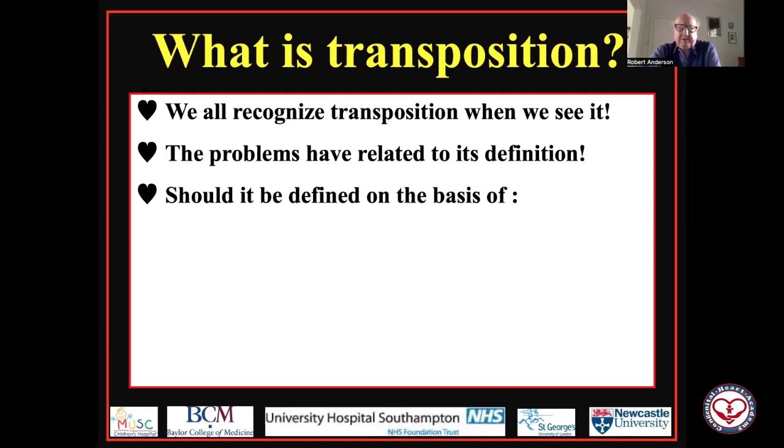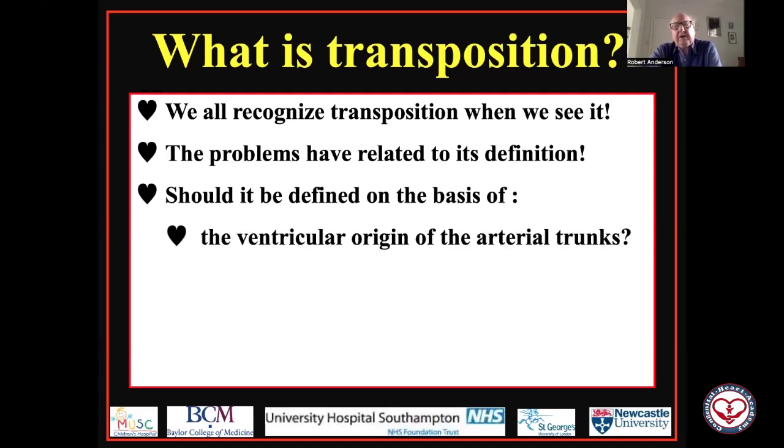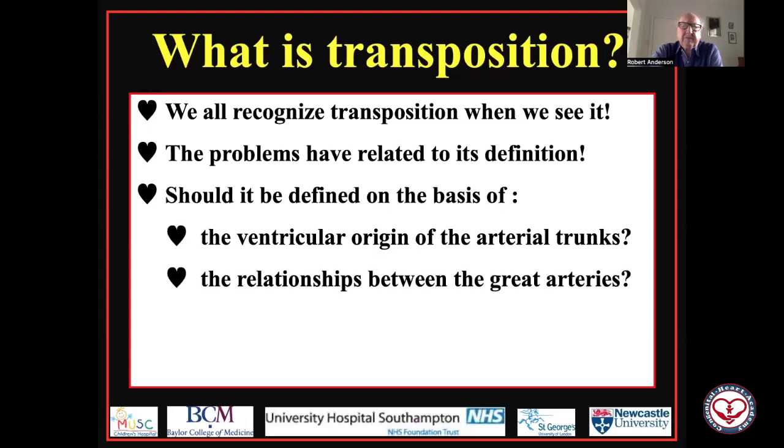Arguments have raged over the years as to whether we should define the entity on the ventricular origin of the arterial trunks, or whether we should be looking at the relationship between the intrapericardial aorta and the intrapericardial pulmonary trunk, and then further controversy as to whether we should include details of the infundibular morphology.